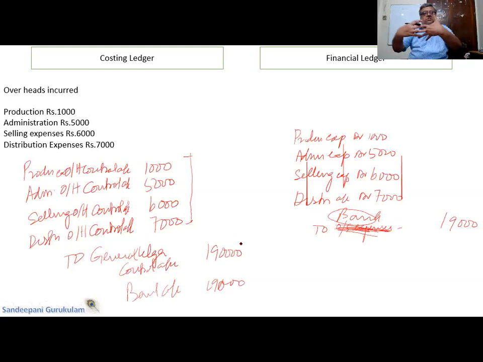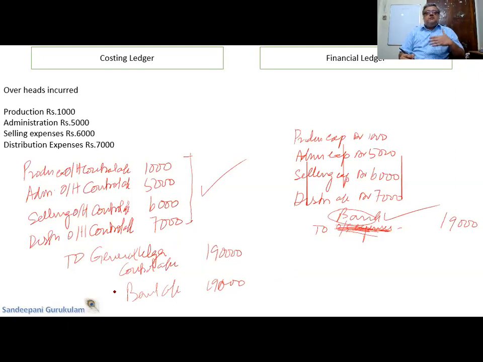When you merge these two, from the costing records this remains, and from the financial records this remains. So automatically this general ledger control account goes up. In integral accounts, I'm just giving you a glimpse. Don't get confused. Let's first practice non-integral accounts.